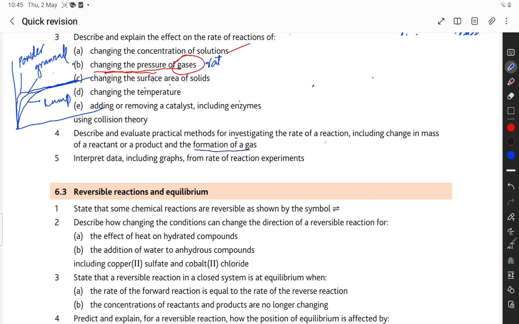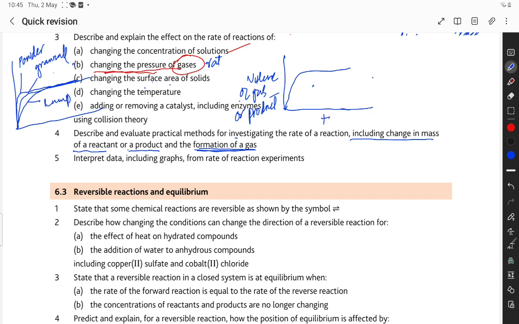So investigating rate of reaction including the change in mass of reactant or a product and the formation of gas. This graph is for volume of gas or product, or mass of product.